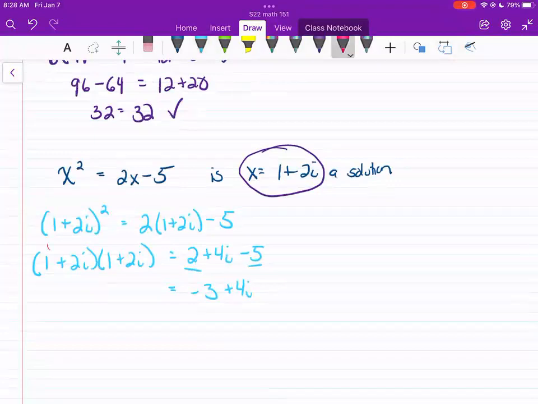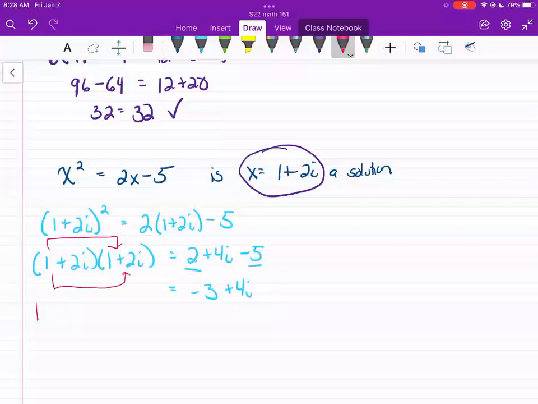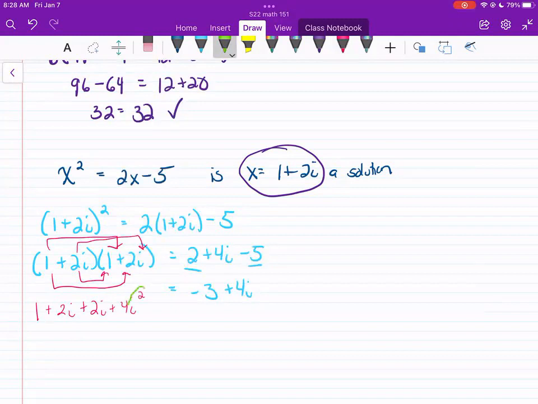When I do my first terms, I get 1. Outside terms, I get plus 2i. Inside terms, I also get plus 2i. And then last terms, I get 4i squared. But hopefully you remember that i squared is simply equal to -1.